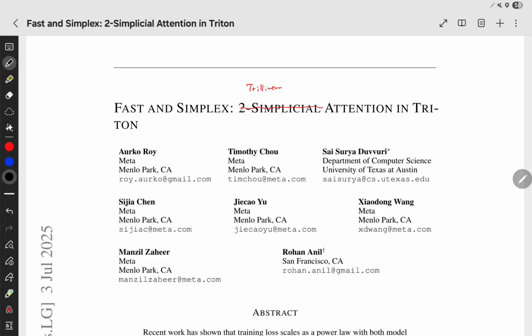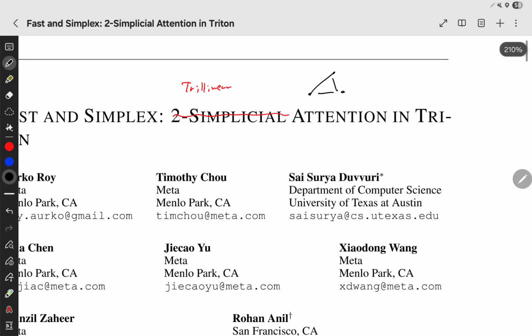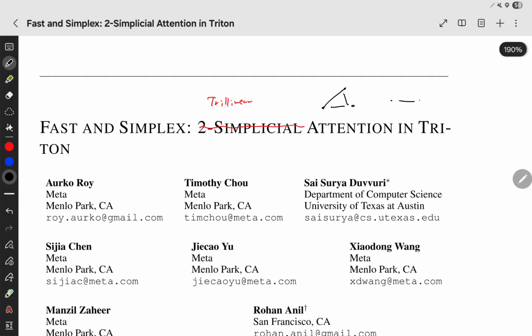So real quick, just want to mention that here they basically use these three-way connections, this three-way relationship, versus normal attention, which would use a two-way relationship. Though for a simplex, you have a few more properties than just a three-way relationship.